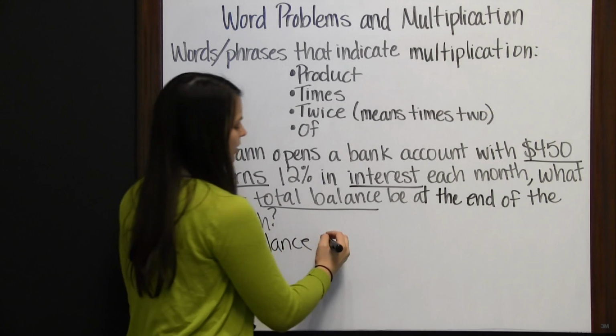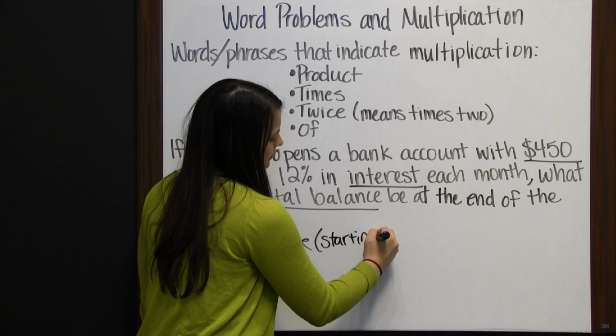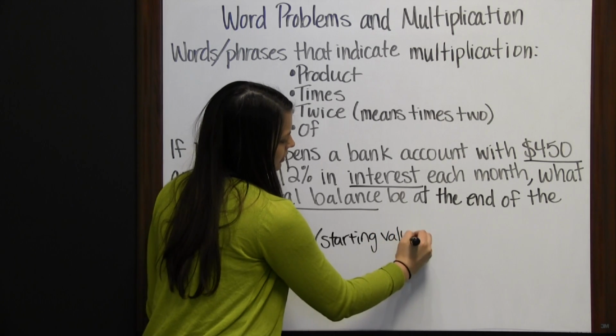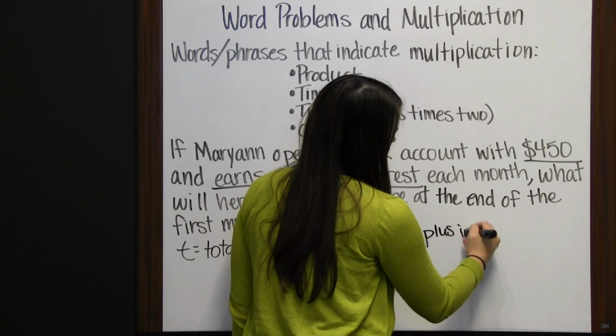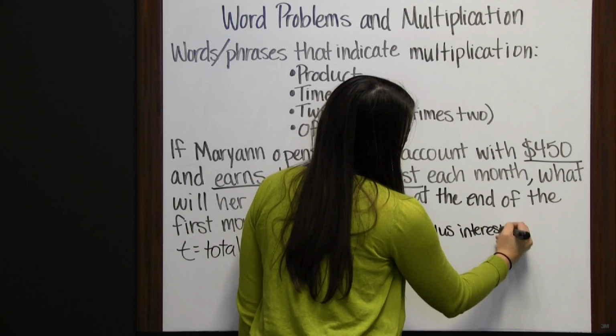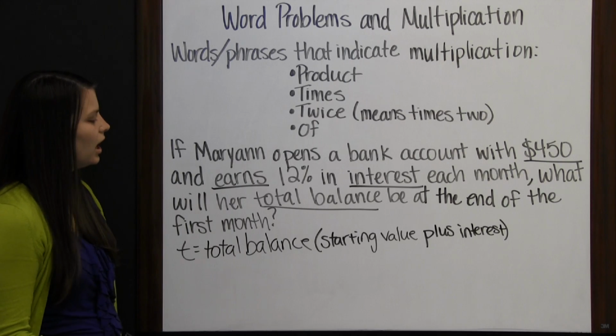So my total balance will be found by taking the starting value and adding the interest to find my total balance.